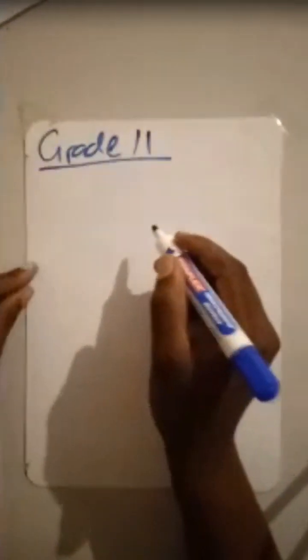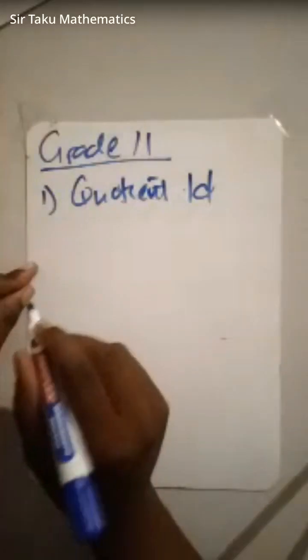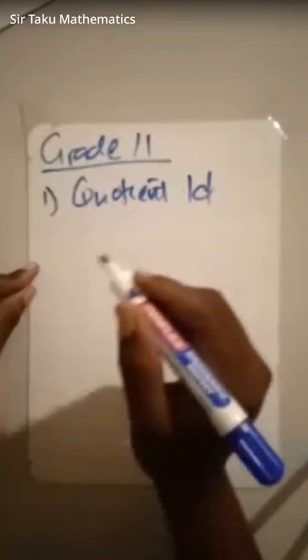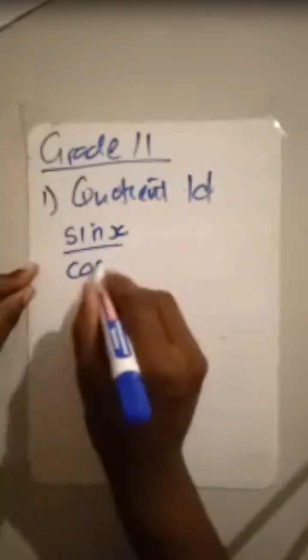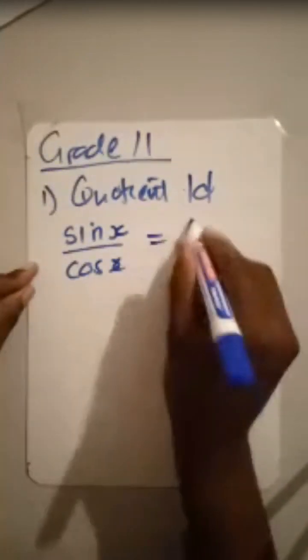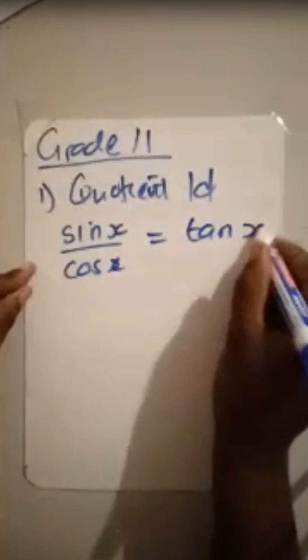Okay, thank you. So from grade 11, we have two identities that we actually looked at. Number 1 was the quotient identity. I'll write ID for identity. The quotient identity was the identity for tan, which says sine x over cos x is equal to tan x.